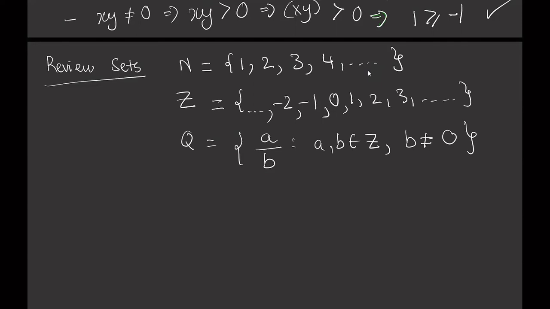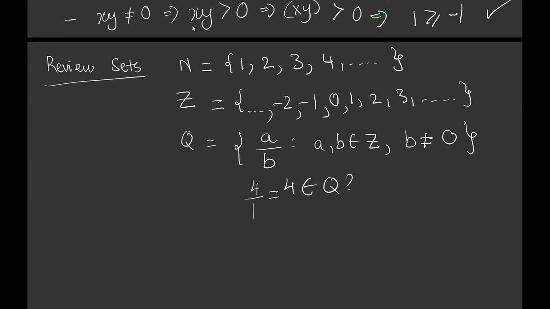I want to ask you, is 4 in Q? What do you think? Can 4 be represented by this form? Yes, right? We can represent 4 as 4 over 1, right?